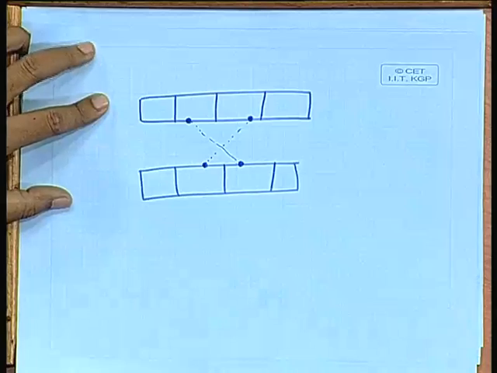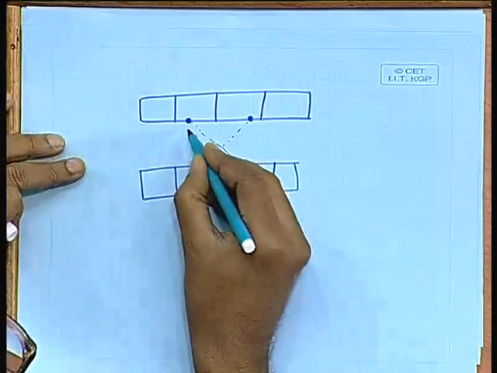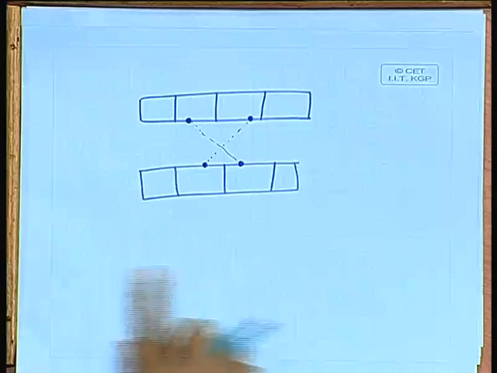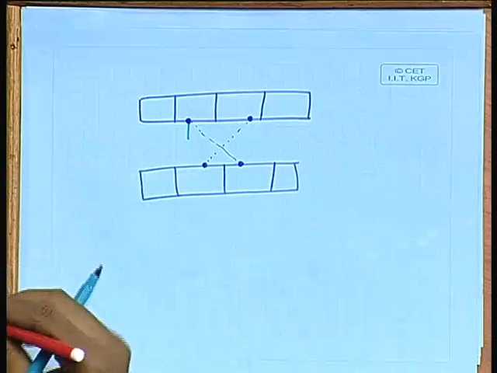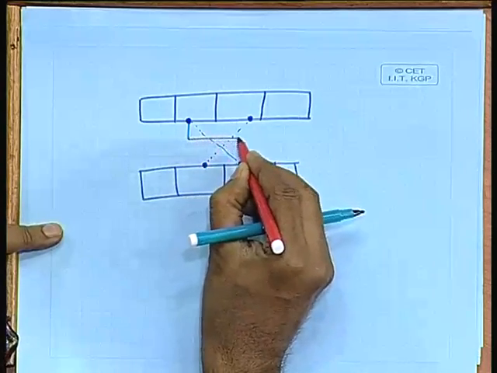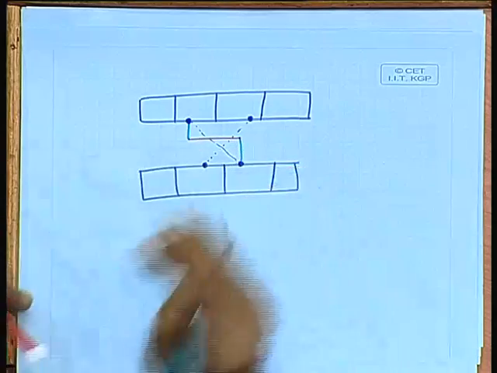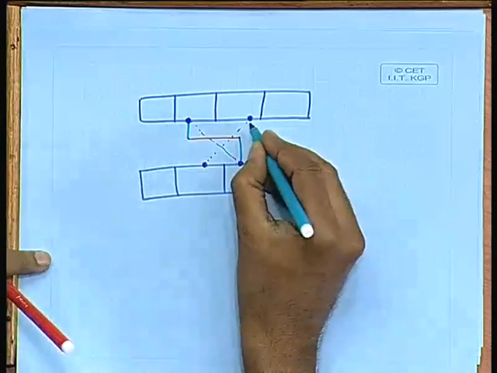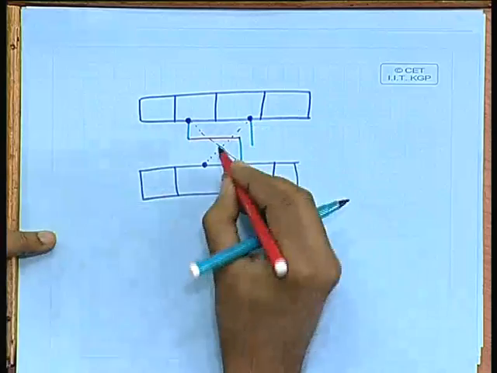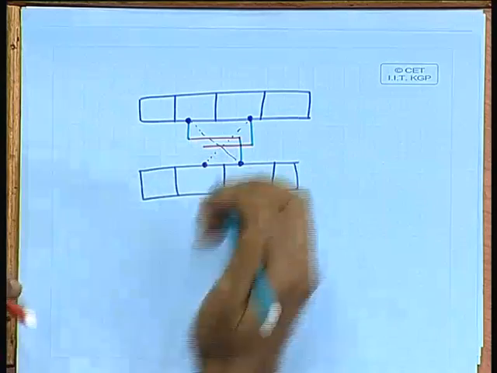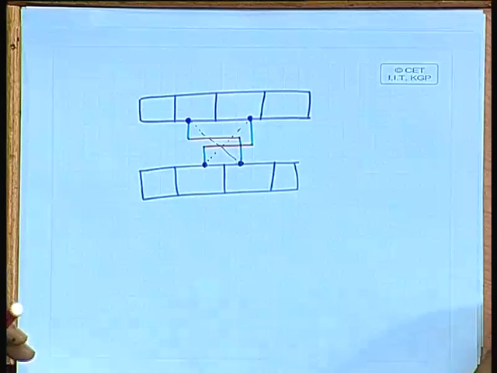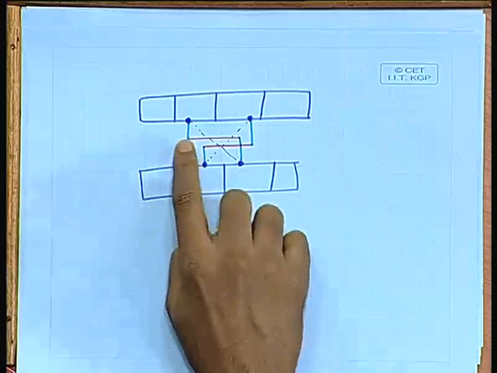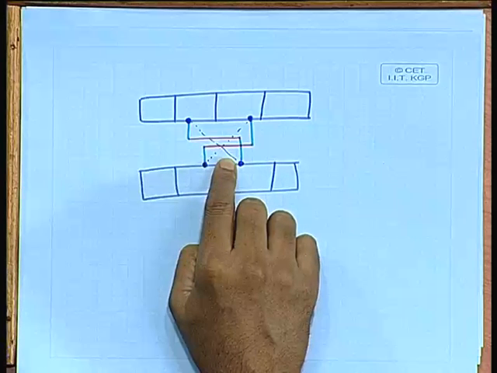In order to do that, these interconnections are normally done in 2 different layers. This will be in one layer, this will be in some other layer. Similarly, for this interconnection, this will be in one layer, this will be in another layer. So, for this simple sub problem, you see that you are requiring 2 tracks.